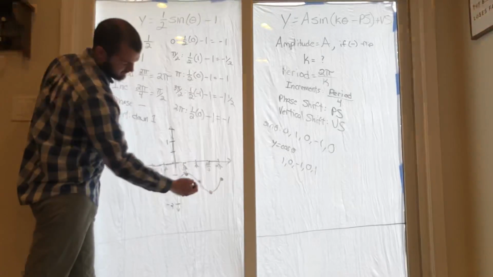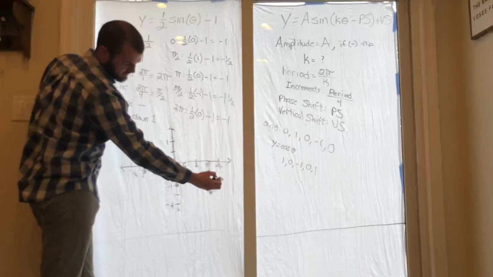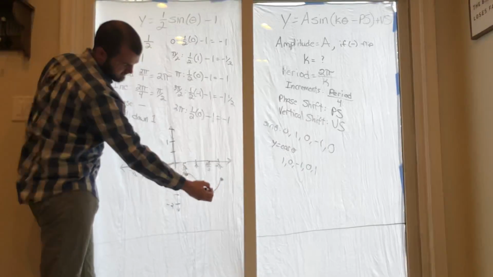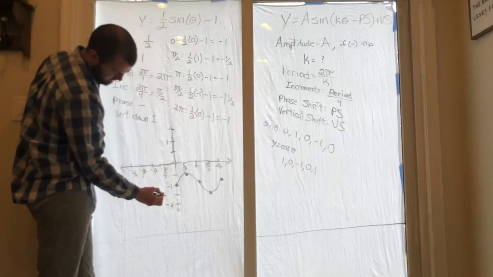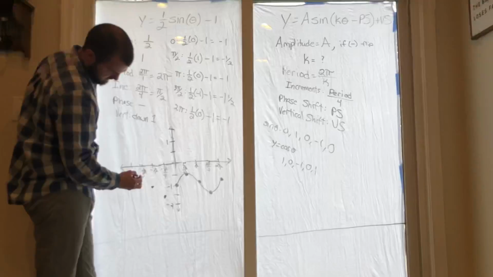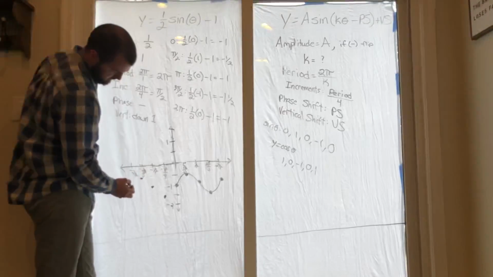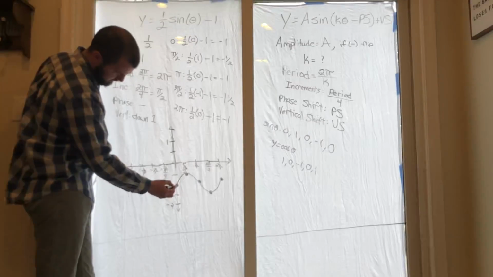We're just repeating. Since we're going left to right, I'm going to start here, right? What did we do? Well, this was at -1. Then the next one over was at -1.5. Then -1 again, then -1/2, then -1 again. Okay?